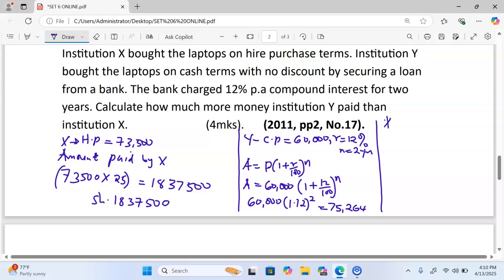So the amount spent by institution Y will be equal to the amount paid per laptop. The amount paid per laptop is 75,264.